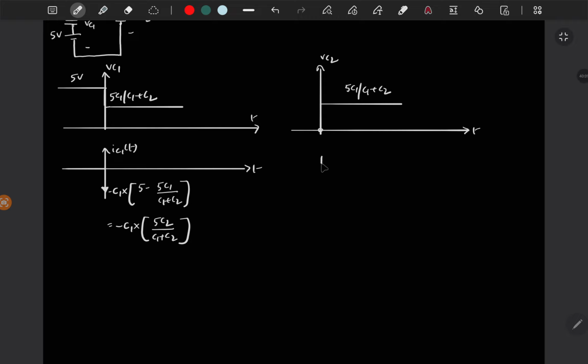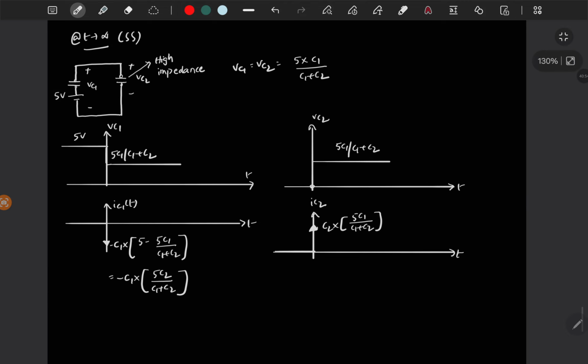And for IC2, initially it was 0, and for t greater than 0 also it is 0 because it is constant, but only at t equal to 0 you will get an impulse current with magnitude of C2 times the change in voltage, 5C1 by C1 plus C2. So both the impulse magnitudes are the same, which is 5C1C2 by C1 plus C2, but one is in the opposite direction and one is a positive impulse.